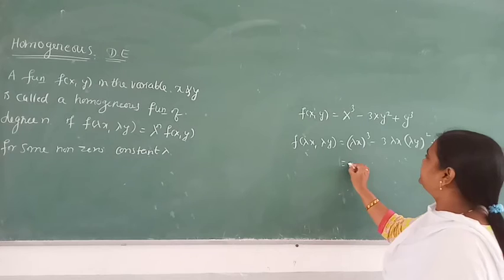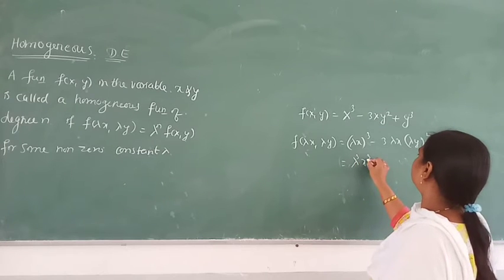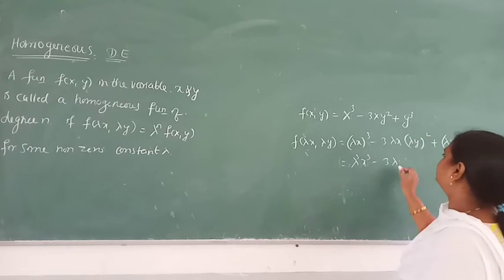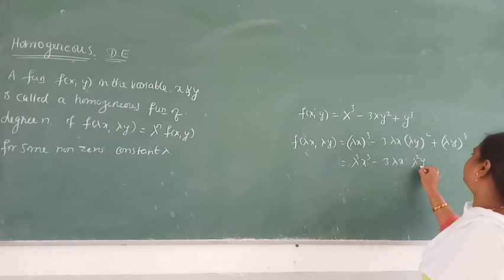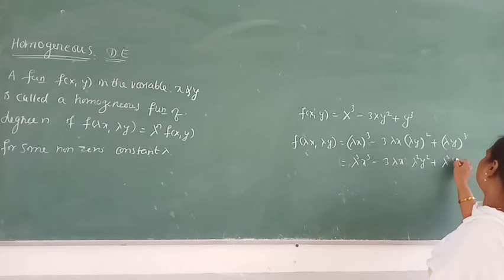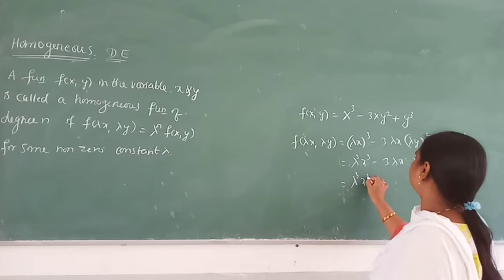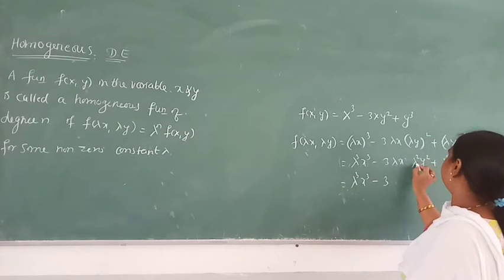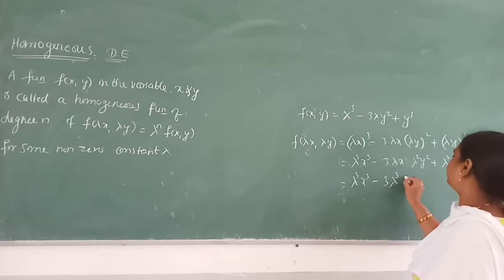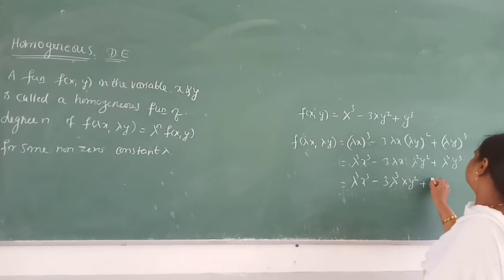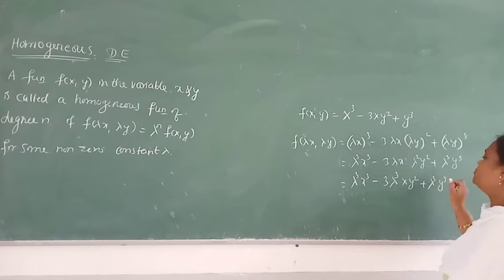We get lambda cube x cube minus 3 lambda square into lambda, that is lambda cube xy square plus lambda cube y cube.